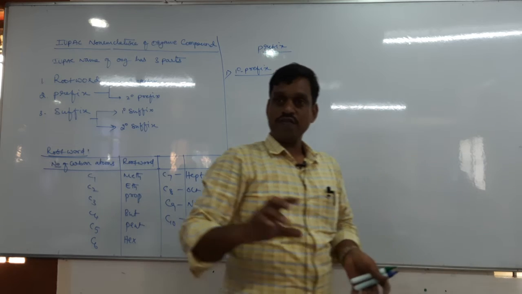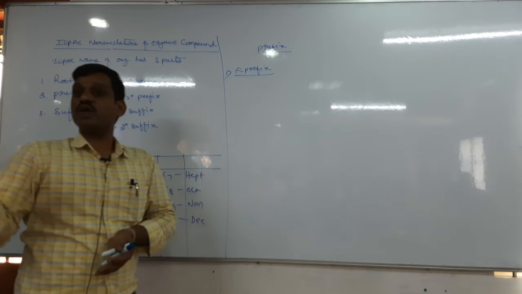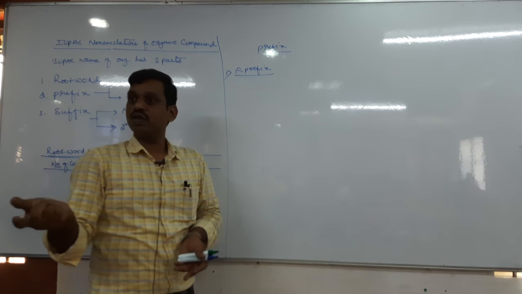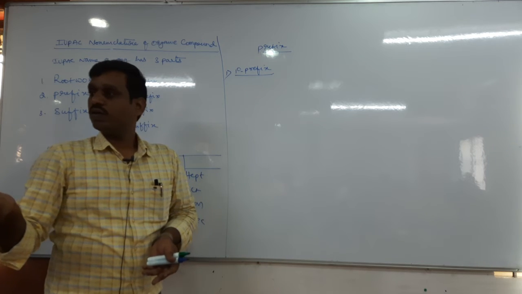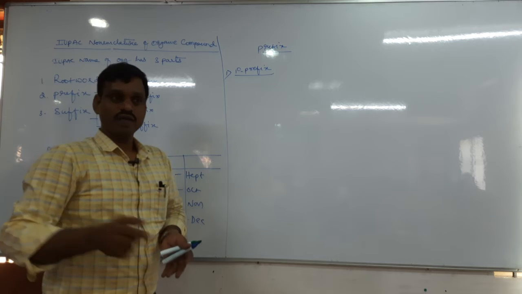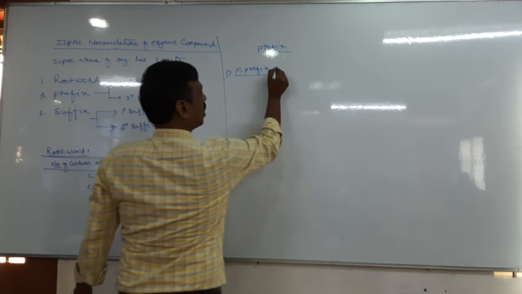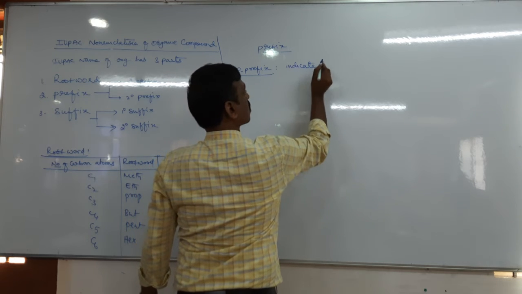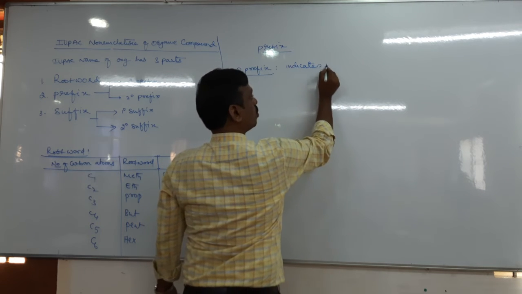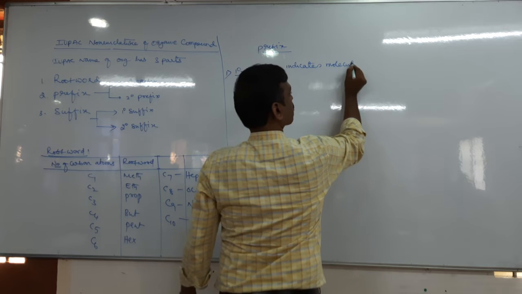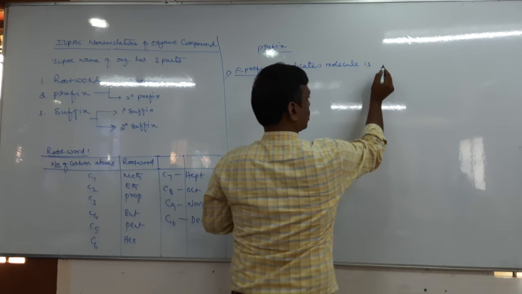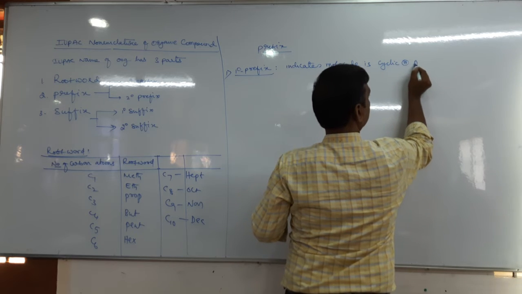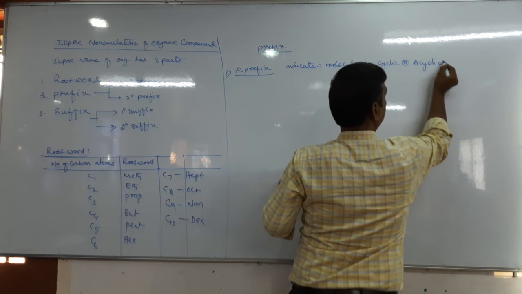If the molecule is cyclic, it is called cyclo. If the molecule is acyclic, an open chain, there is no prefix. So it indicates whether the molecule is cyclic or acyclic.